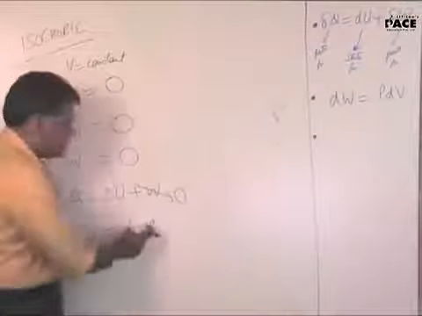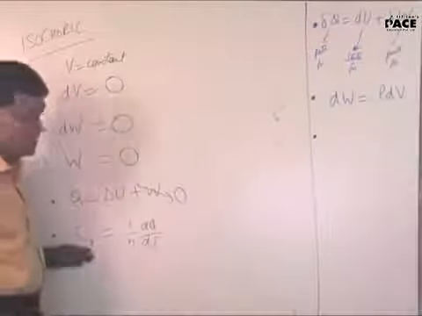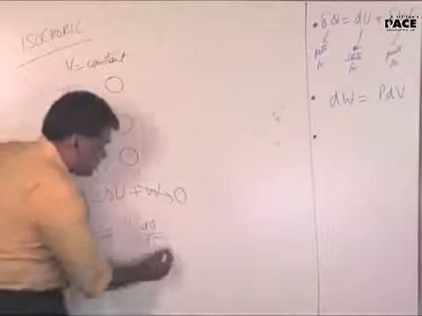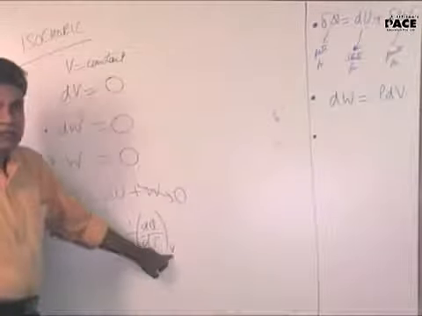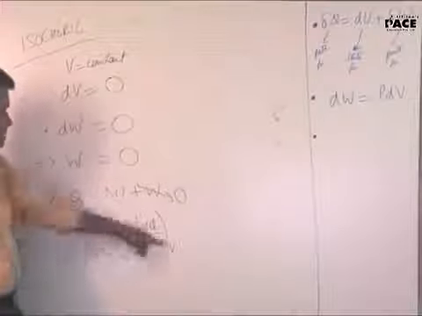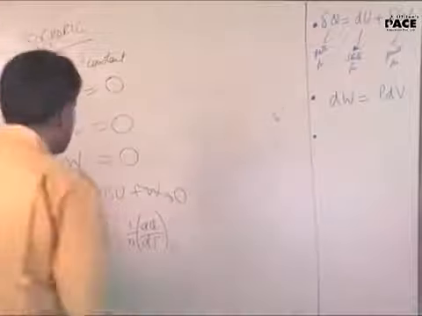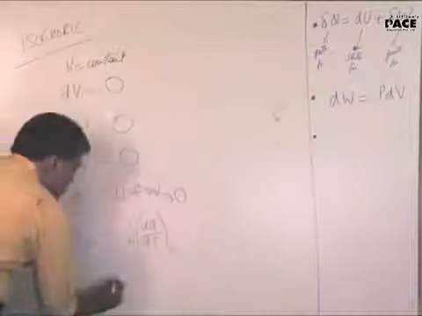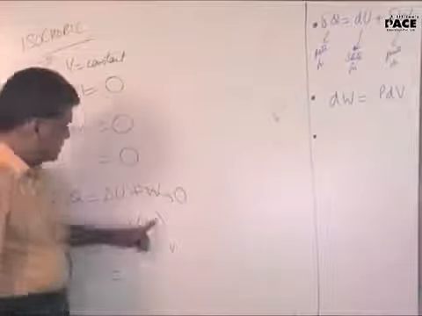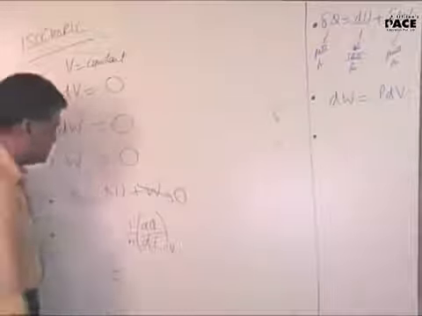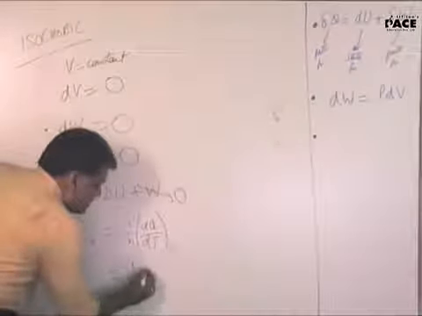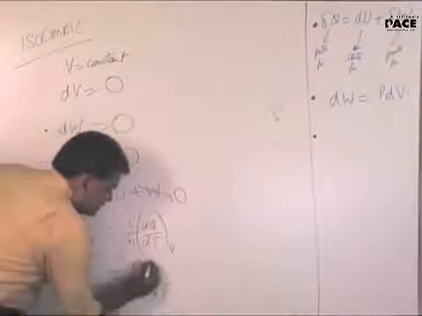Heat required to raise the temperature of 1 mole of a gas by 1 degree centigrade at constant volume. That we show by writing a subscript there. The subscript V means it is happening at constant volume. Then, what is more important is, because when the process is isochoric, dq happens to be equal to du. So we rather say it as 1 by n du by dt.